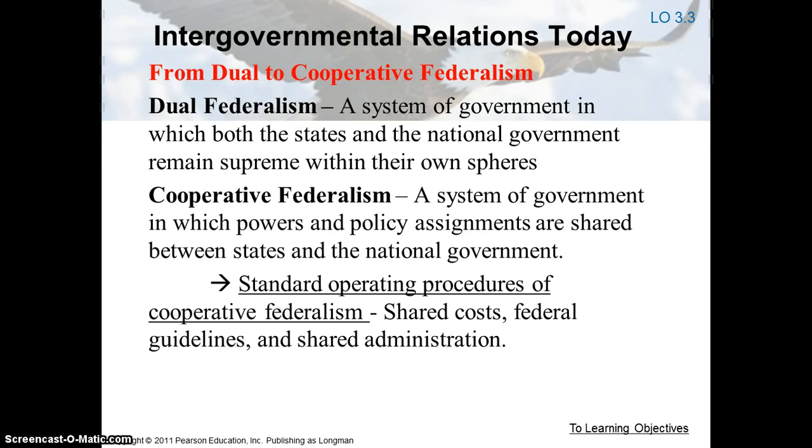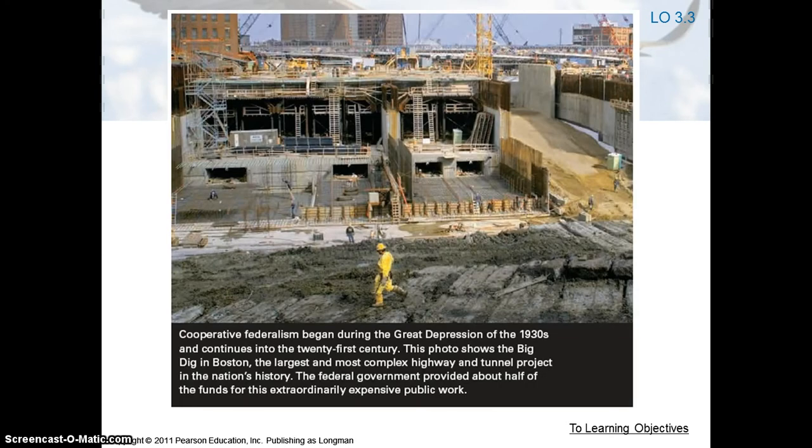We have a system where there's a lot of sharing back and forth. As much as we want to have this dual federalism, which is kind of where we started our government system, as you'll see a little later in the Supreme Court cases, the reality of the situation is you find us more in this cooperative federalism and this marble cake federalism where there's these blurred lines. Things don't seem to be very distinct.